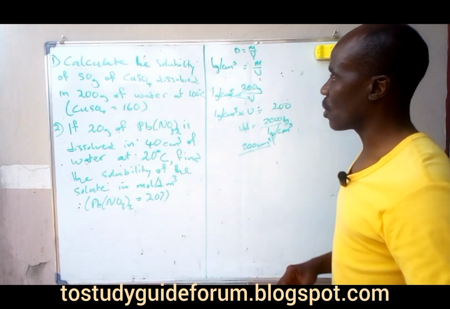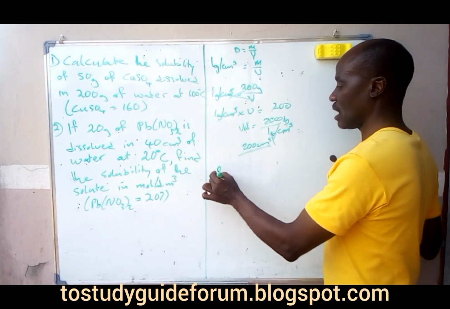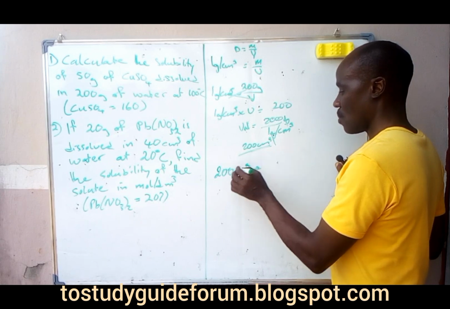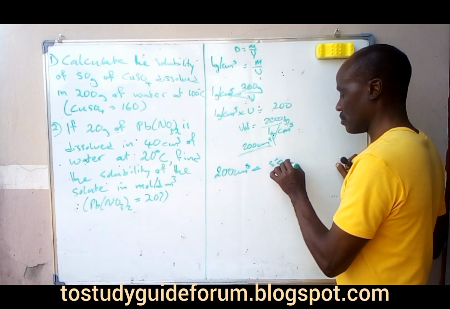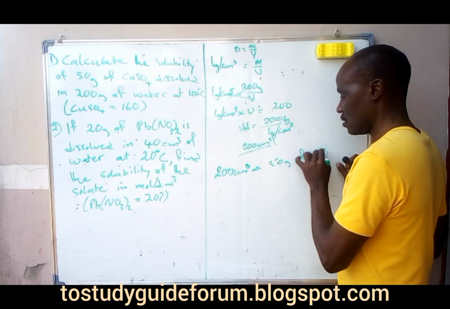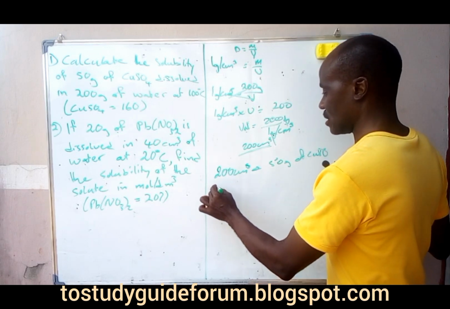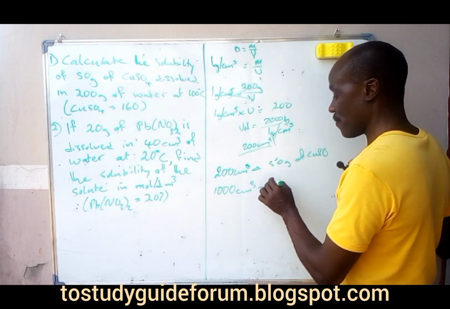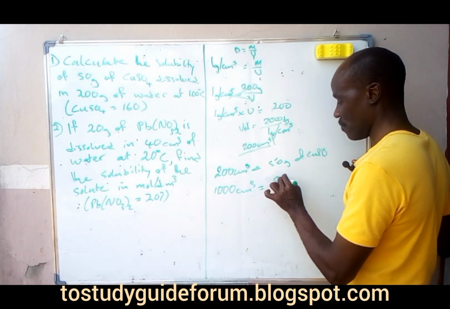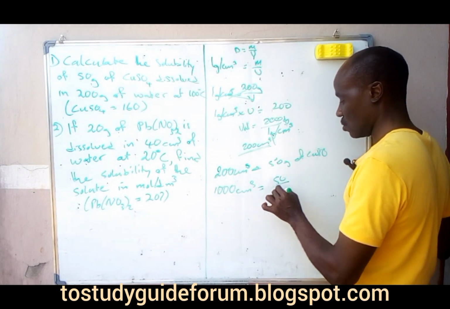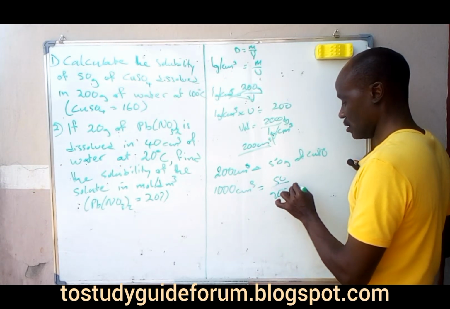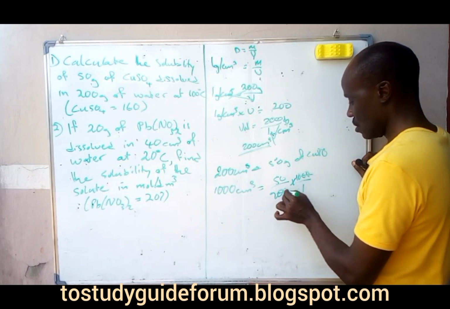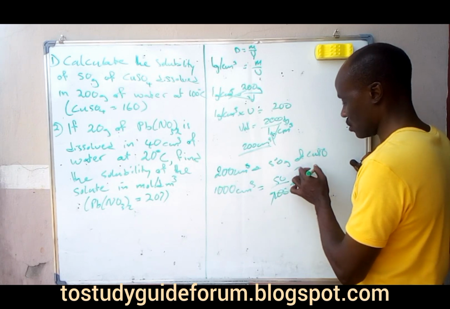Now what we do is calculate this. So 200 cm cube was saturated by 50 grams of copper sulfate. What will 1000 cm cube be saturated with? It is 50 over 200 times 1000 over 1.